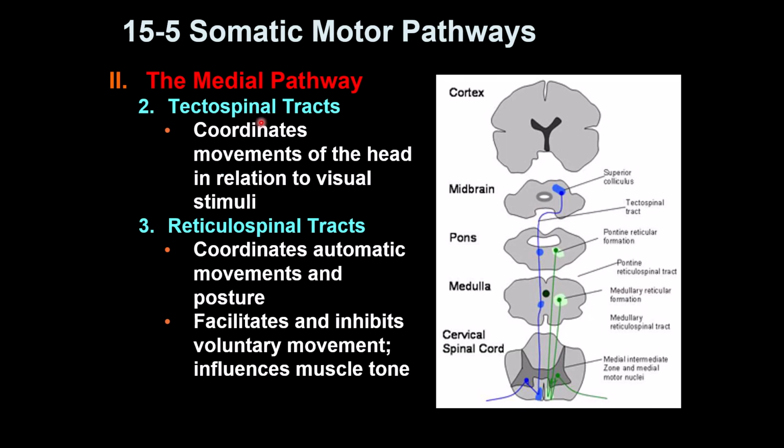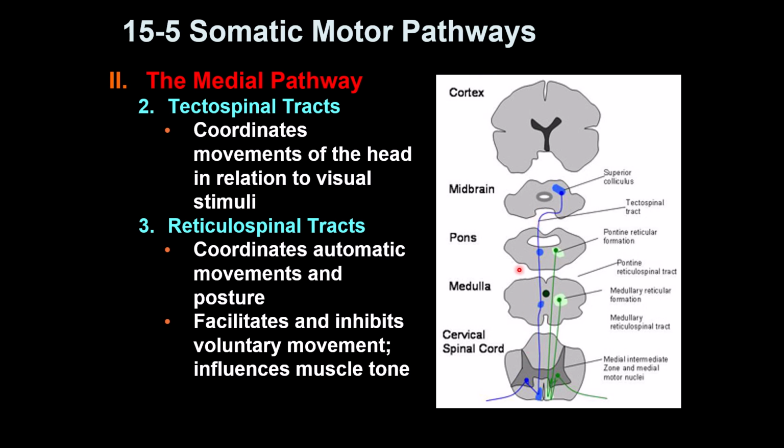Tectospinal tract is another tract under the medial pathway that is coming from the tectum. Tectum has superior and inferior colliculi, so this is coming mainly from the superior colliculi. It crosses the midline, and it is synapsing with different cranial nerve nuclei, for example, cranial nerve 3, 4, and 6, and also cranial nerve 11.